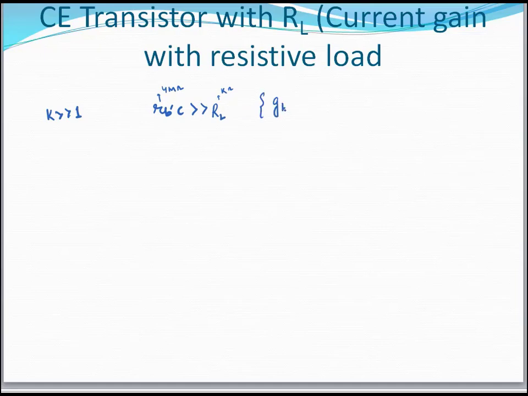In bracket we can write G B dash C is equal to 1 upon R B dash C. So R B dash C we can neglect, it acts as an open circuit, or we can say G B dash C acts as an open circuit because the conductance is very low.